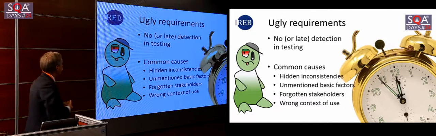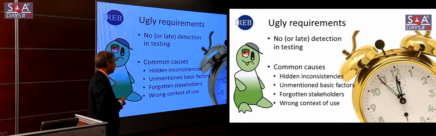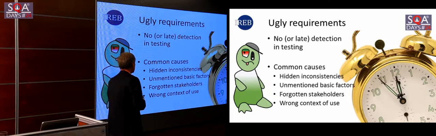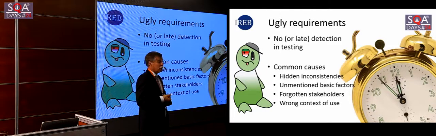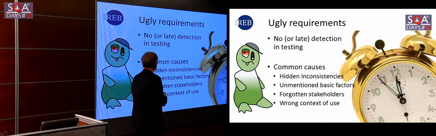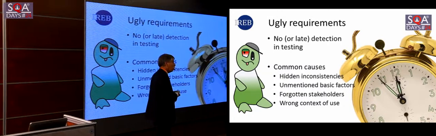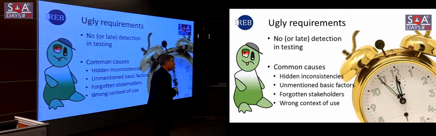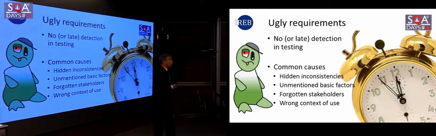So that's what I call ugly requirements. Ugly requirements are requirements that are relevant to your customer, but you don't detect them in testing, or you detect them very late in acceptance testing.